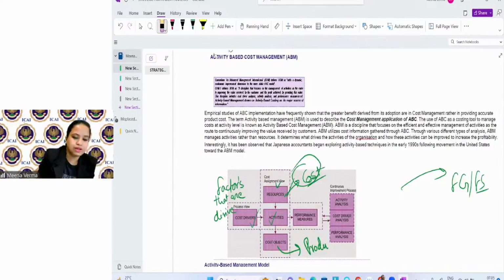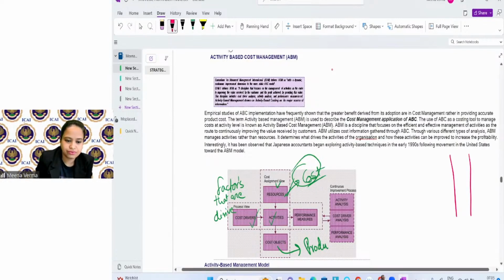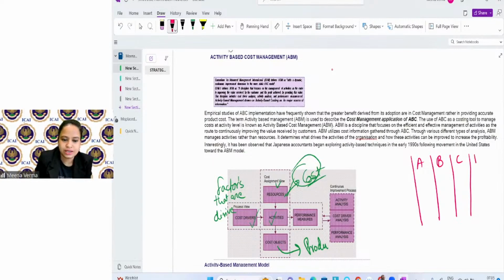So what happened? For example, we have product A, B, C, D. We have these 4 products on which we will allocate rent cost.